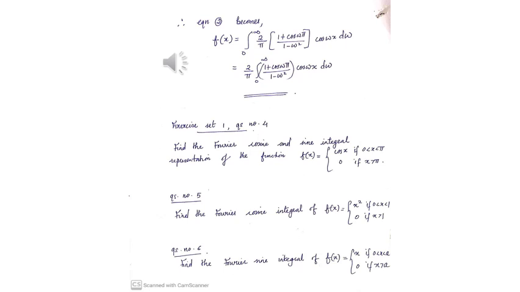Next, find the Fourier cosine integral of f of x is equal to x square if 0 less than x less than 1 and 0 if x greater than 1. Then the sixth question: find the Fourier sine integral of f of x is equal to x if 0 less than x less than a and 0 if x greater than a.